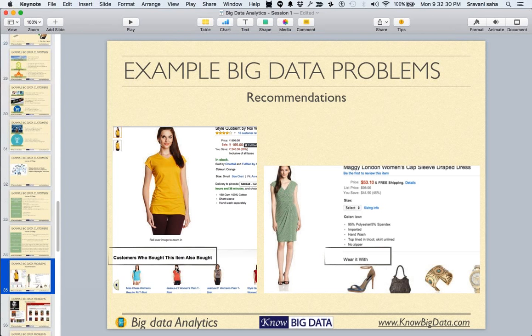If there are only three people in a room suggesting recommendations to each other, it won't be that great. But if you have a million people around the world and you find similar people in the crowd and give cross suggestions, it will be far better. Therefore, recommendations make sense only if it's huge data.